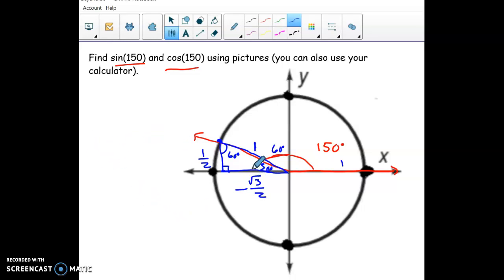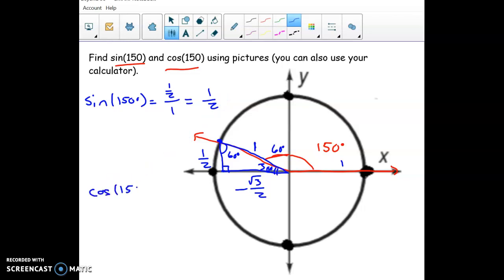Okay, and so now we're going to use this angle here, and for that angle, we're going to do its sine ratio. So its sine ratio would be, let's see, opposite over hypotenuse. So it's going to be opposite of 1/2 over hypotenuse of 1. And then again, because our hypotenuse is 1, that's kind of nice, it just comes out as 1/2.